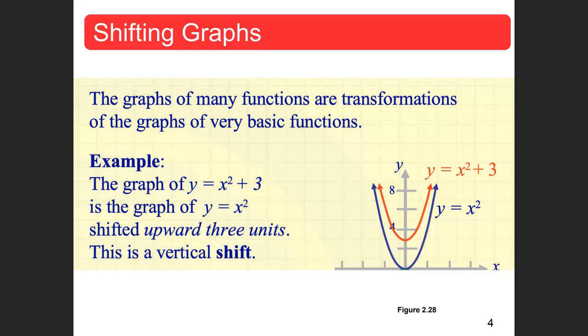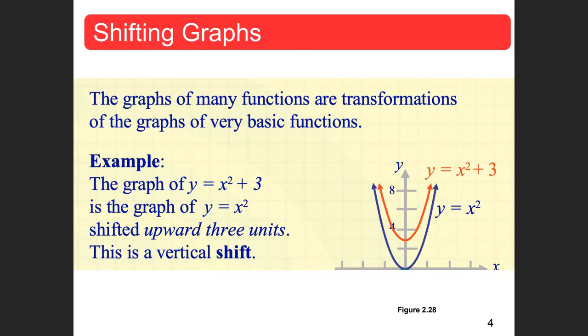So if we're going to be shifting graphs this week, it says the graphs of many functions are transformations of the graphs of very basic functions, and those are our parent functions. If we add or subtract a number to the function, all it's going to do is shift it up or down.